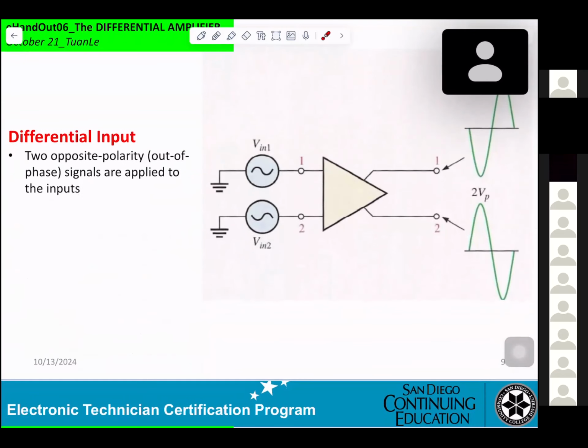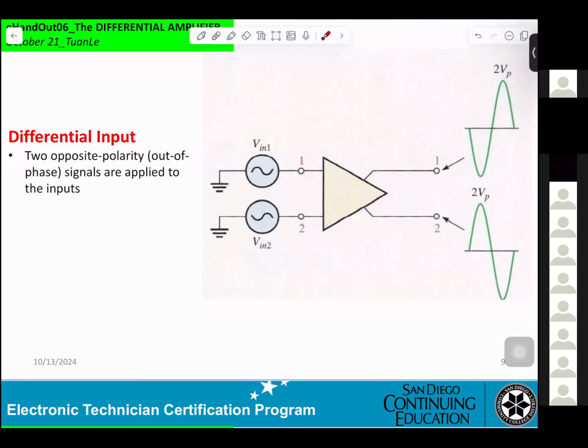Now, differential input. That means they apply both signals to 1 and to 2. However, they're telling you, okay, this input must be opposite. They cannot be the same.